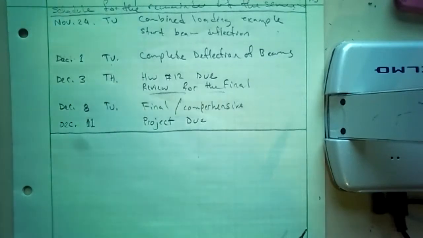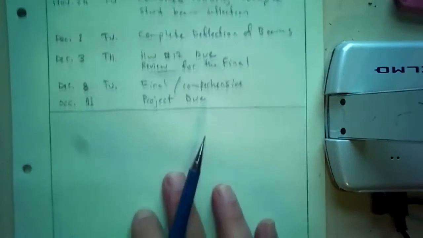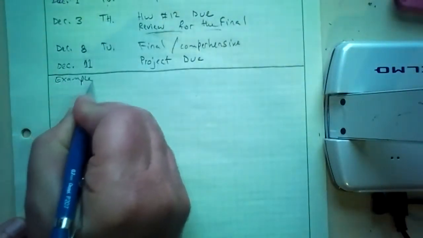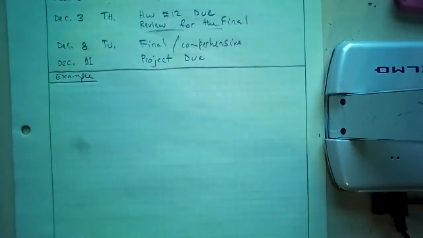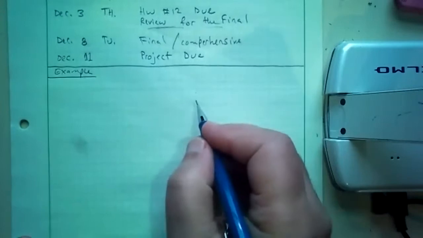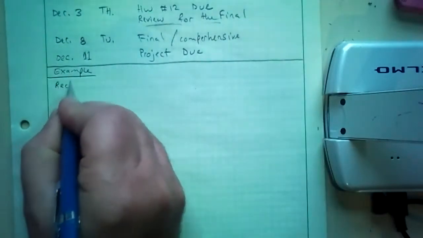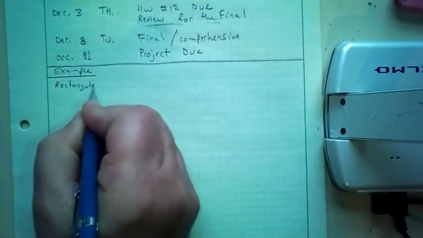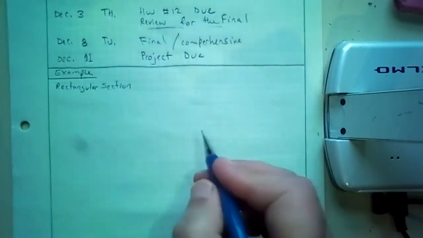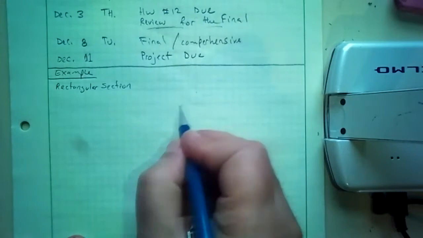Okay, if not, I'm going to do an example. So this is a bar. It looks like this is a rectangular cross section. And here's what it looks like.